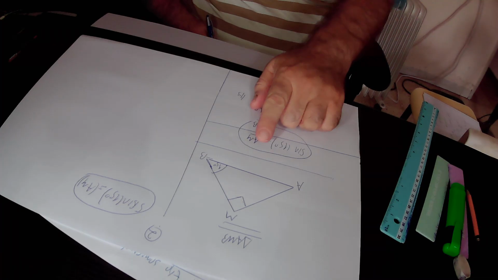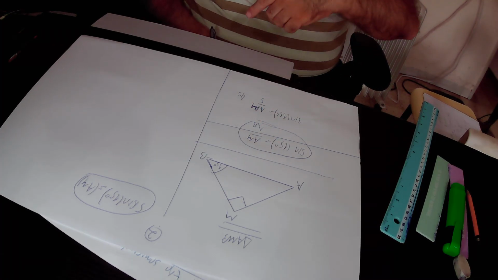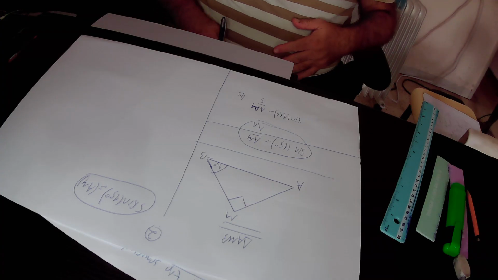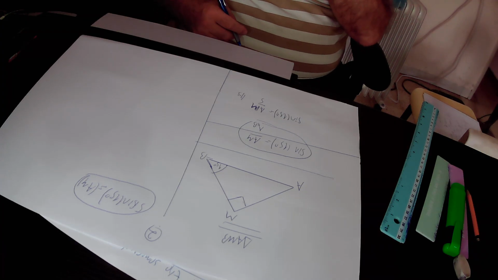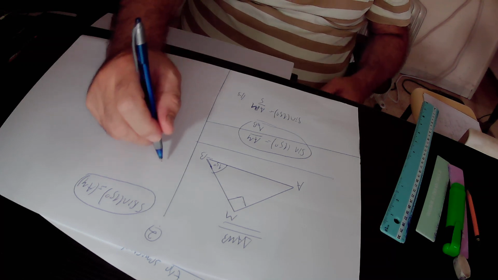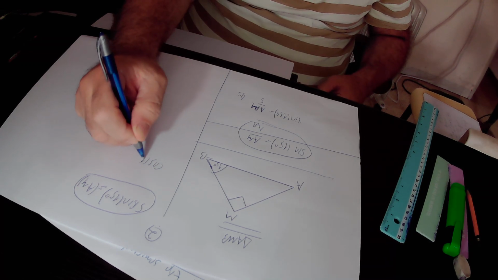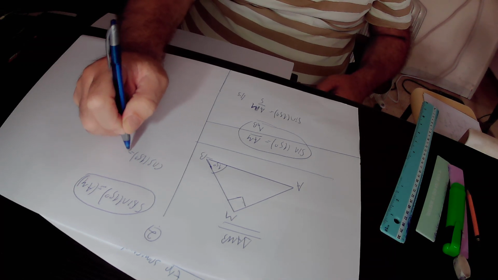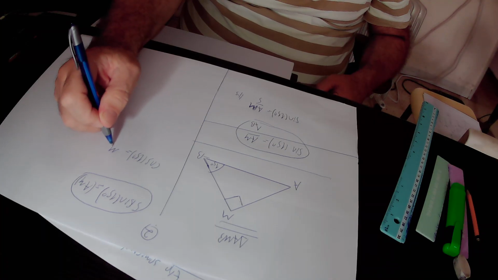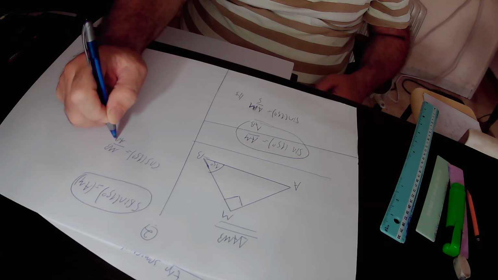We're going to focus on this right triangle AMB. Cosine 15 degrees is equal to MB over AB.